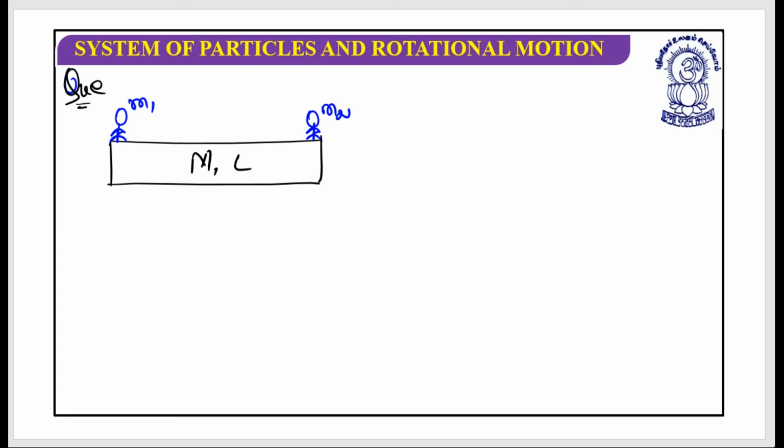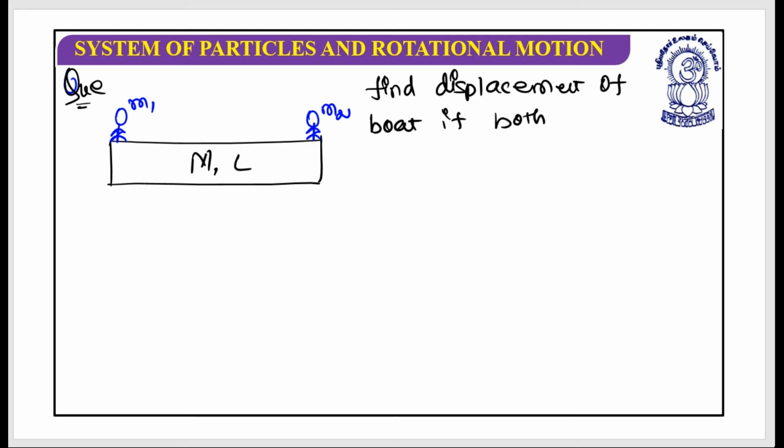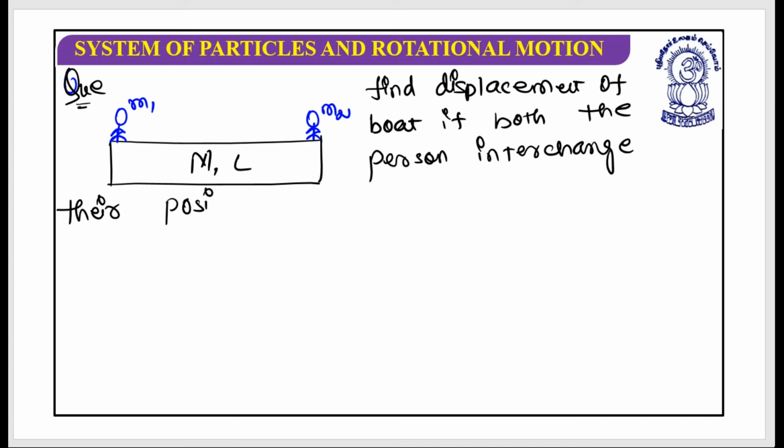Now the question is, find the displacement of the boat if both persons interchange their positions. I need to find the displacement of the boat if both persons interchange their positions.